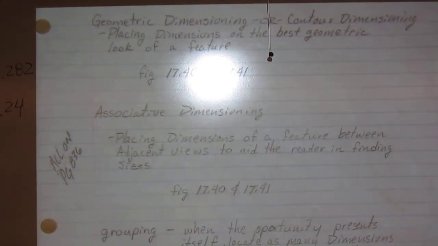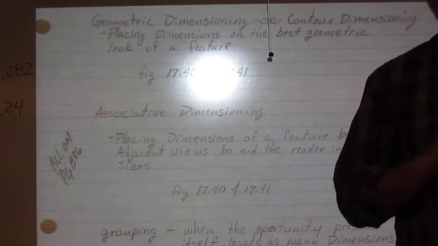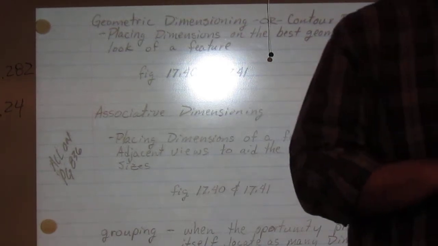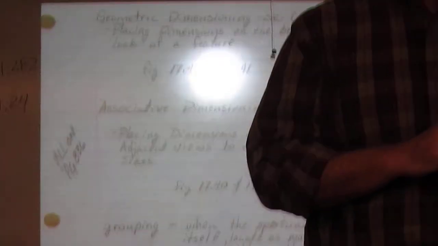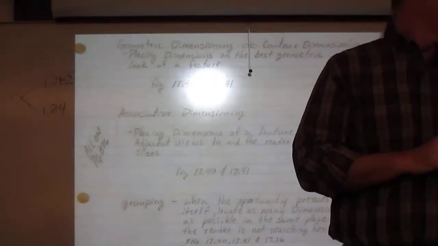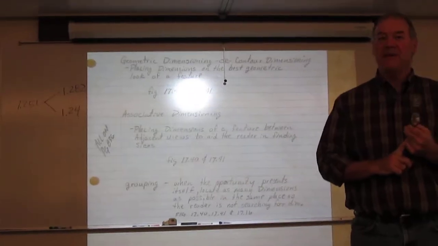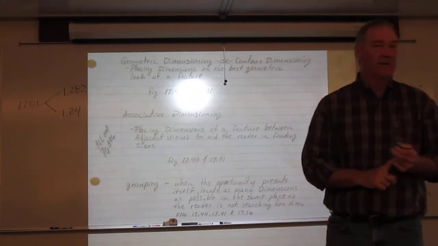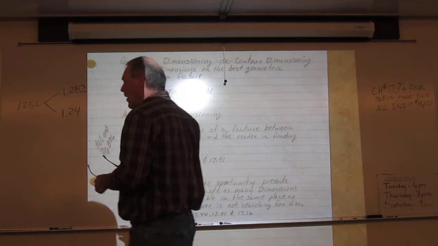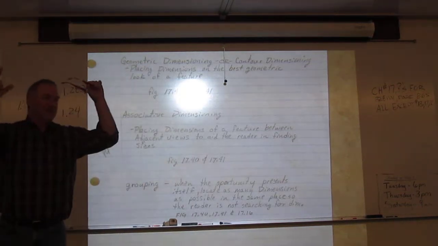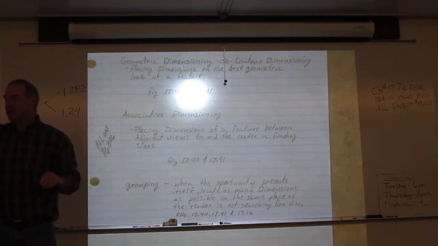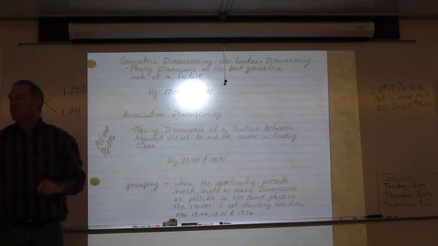Then we go back and look at individual features because many features need location, need size, maybe a couple sizes. When that's the case, we might have to group by feature also. So I don't want to take some object, put one dimension on it, and then take the location dimension and stick it on some obscure view a long ways away.